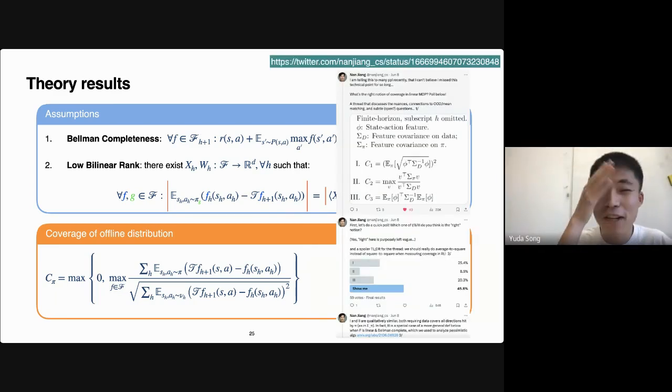Many people complain about it, and I don't think we have time to go over what's really going on here, but I can refer you to an excellent thread from Nan, where he reflects on what exactly is going on with this ugly coverage, why it's not symmetric, and why it's no bigger than, or sharper than, the previous ones. If you're interested, I highly recommend you check out his thread.